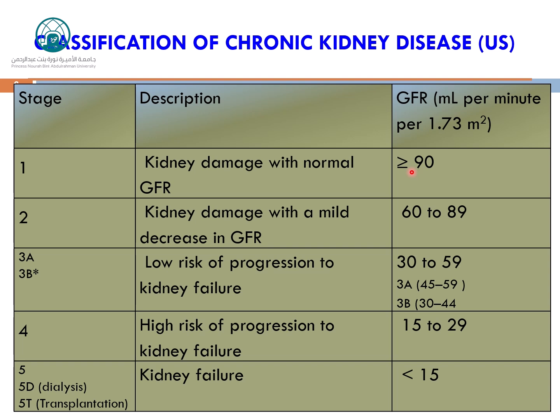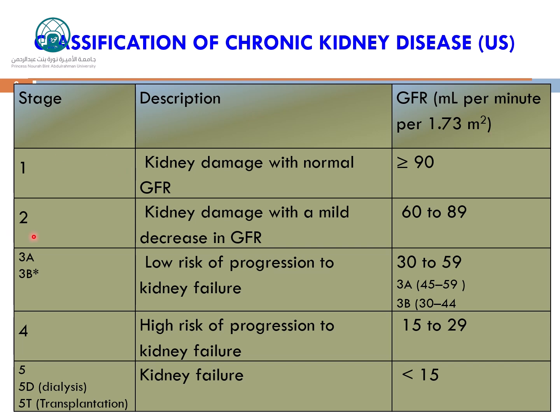This is for a human body whose body surface area is 1.73 meters square. To remind you of the body surface area, this is for an adult male weighing around 70 kilograms with a height of 168 centimeters.